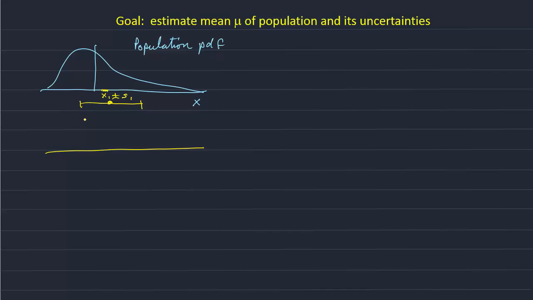We may sample it and get a slightly different value of x bar and the associated standard deviation, and so forth. Sorry, I got myself writing a bit small here.